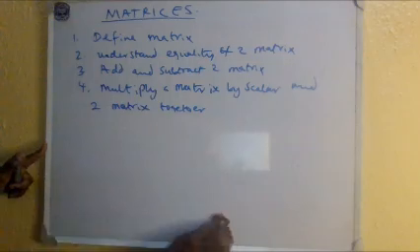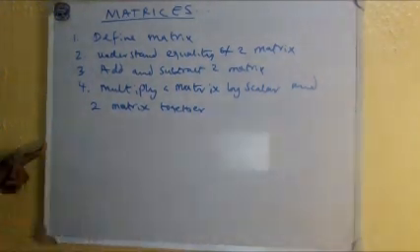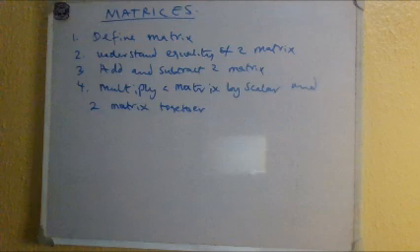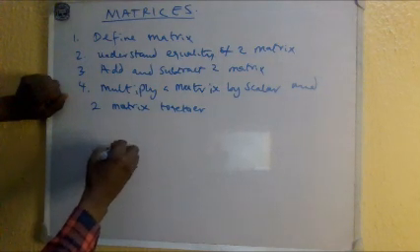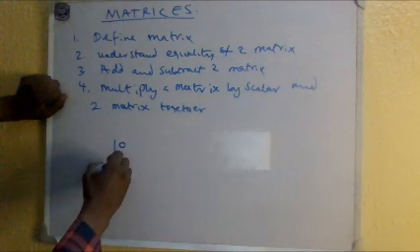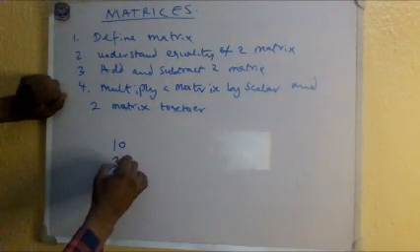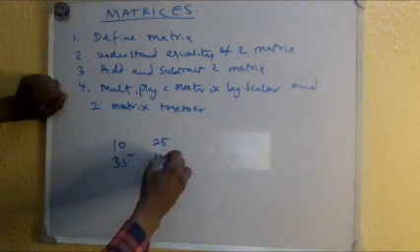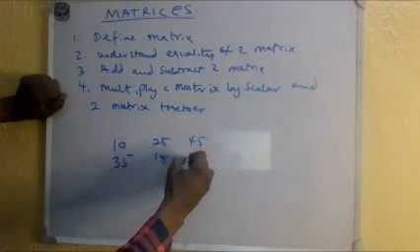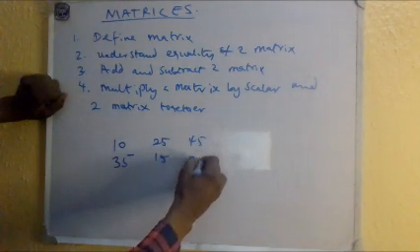We call it 2 by 3 because the 2 represents rows, 2 rows, and the 3 represents 3 columns. So this is a 2 by 3 matrix. So I have 10, 35, 25, 15, 45, 50.